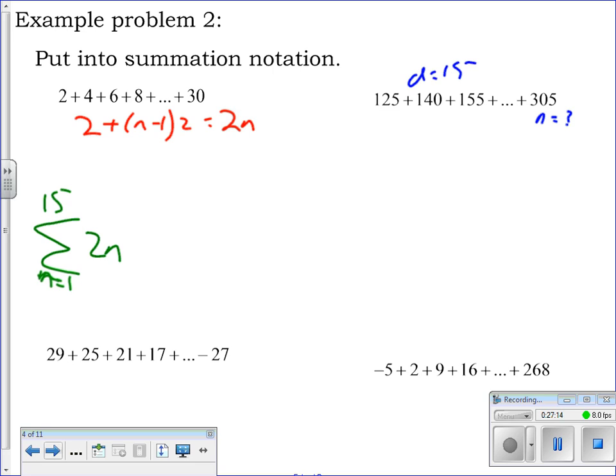So I need to come up with my proper formula. The first term plus N minus 1 times D. And you simplify that out. It actually works out pretty good. 15N plus 110.